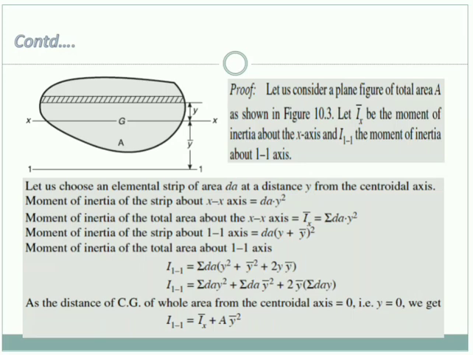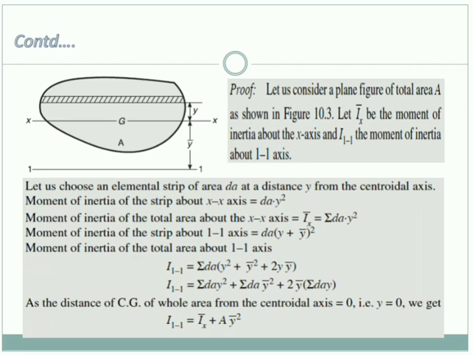Therefore, moment of inertia of this strip about the xx axis is dA, which is the area of the strip, into square of the distance, which is y square. Hope the first statement is clear. Then moment of inertia of the total area about the xx axis is nothing but Ix, which is equal to, we have so many such small elemental strips, that means summation of dA into y square.